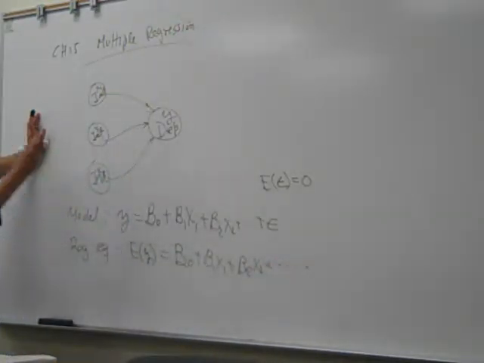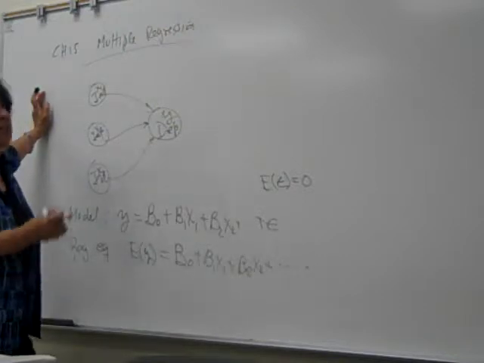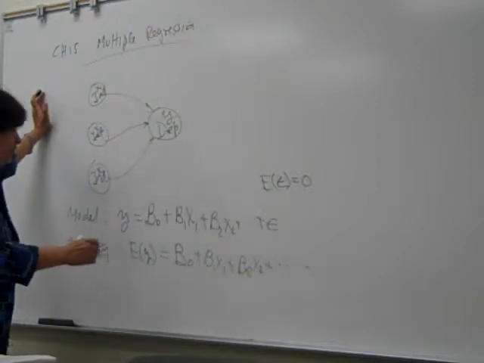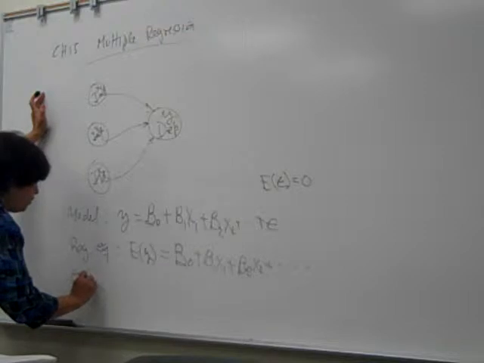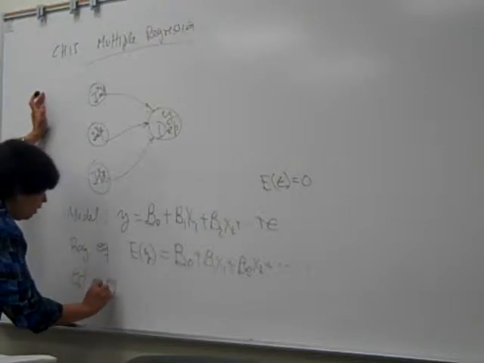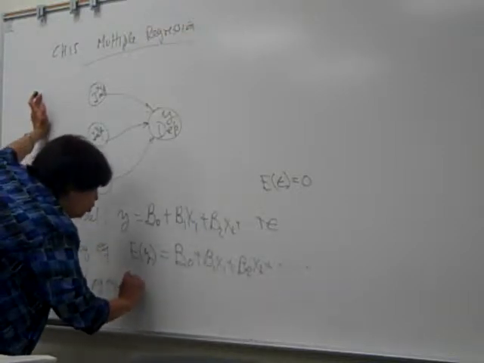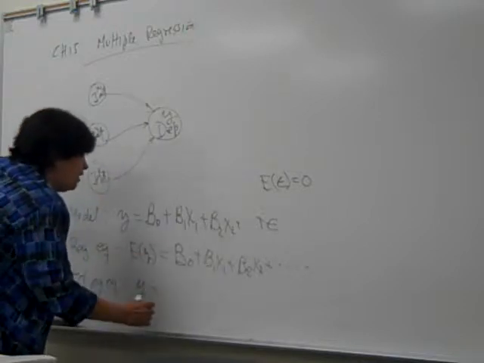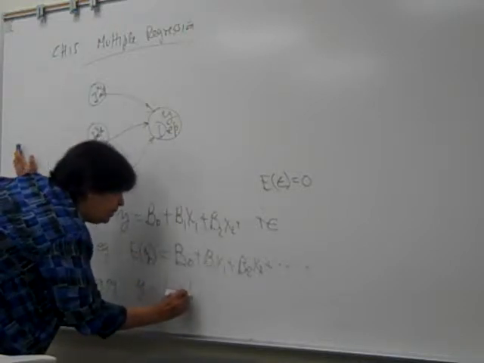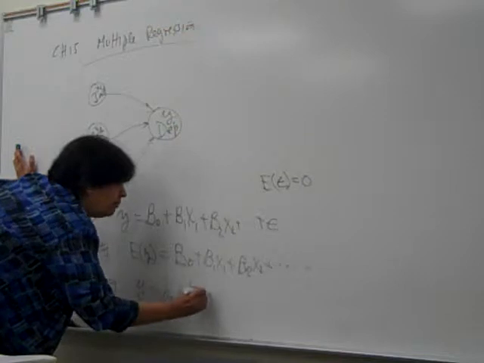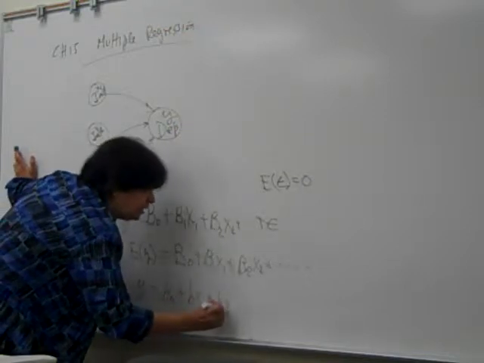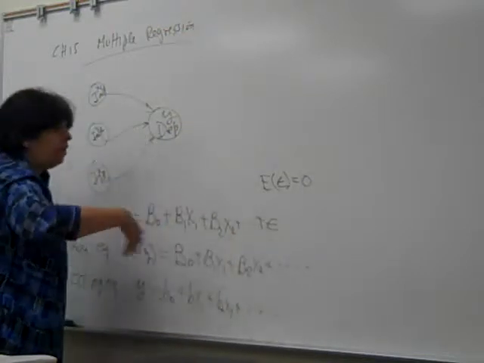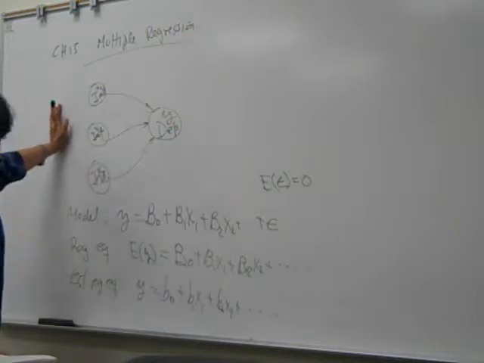And of course, we are going to estimate the regression equation by using the data points. The estimated equation is going to be y is equal to b0 plus b1 x1 plus b2 x2 plus the number of independent variables that you have.